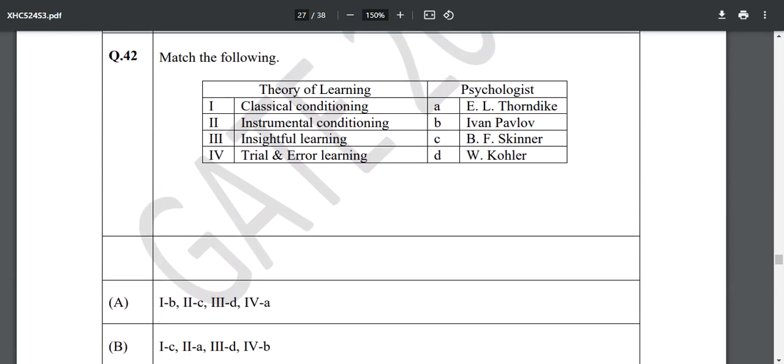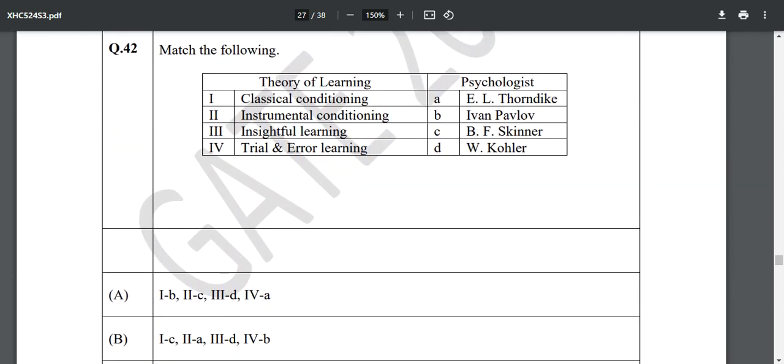Again a simple question. Question number 42. Classical conditioning, instrumental conditioning, insightful learning, trial and error. So we have insightful learning by Wolfgang Kohler, instrumental conditioning by B.F. Skinner, classical conditioning by Ivan Pavlov, and trial and error learning by E.L. Thorndike.